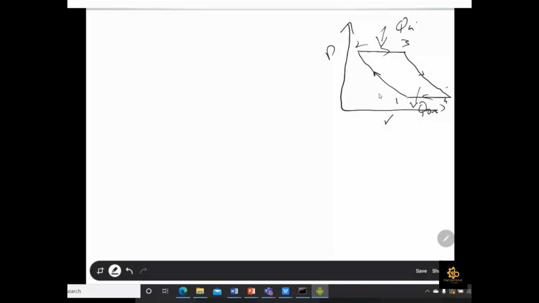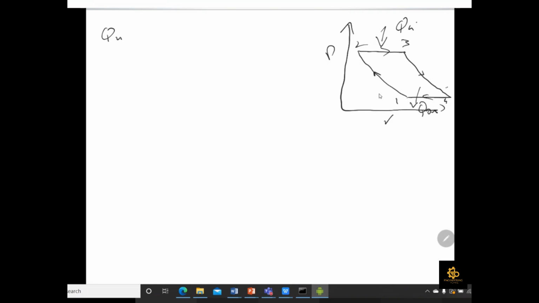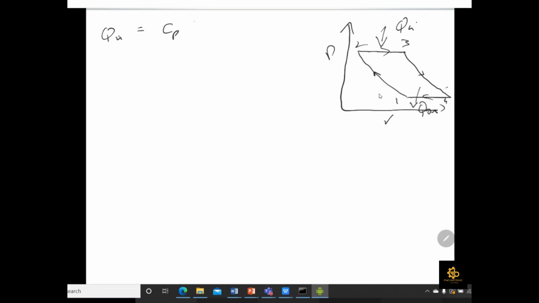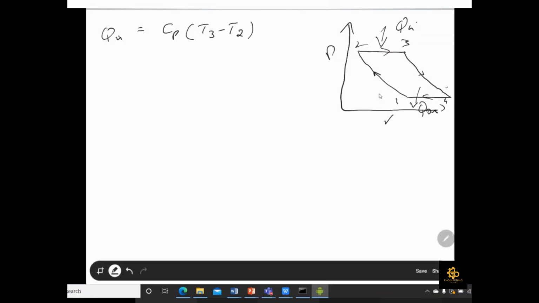Okay, so as you already know, whenever we have to develop an equation, we have to start from the energy balance equation. Okay, so in this case, we already know that Q in is at constant pressure. So we can say it will be equal to Cp (T3 minus T2). So we already know that this is for the constant pressure process.